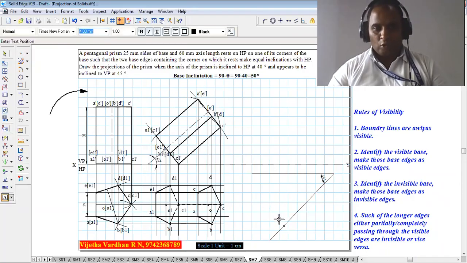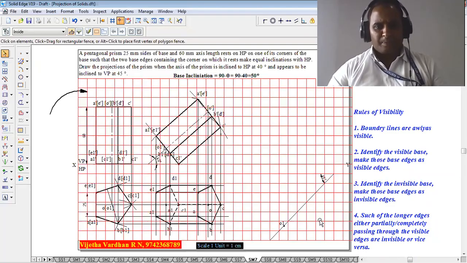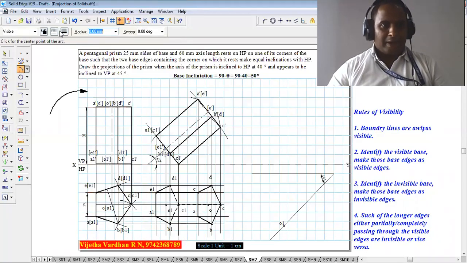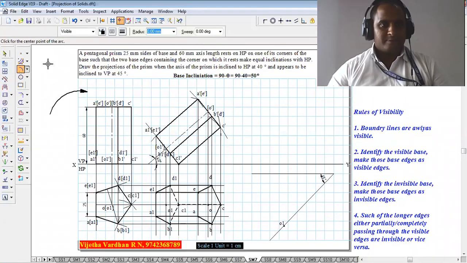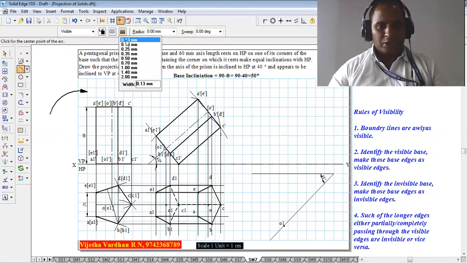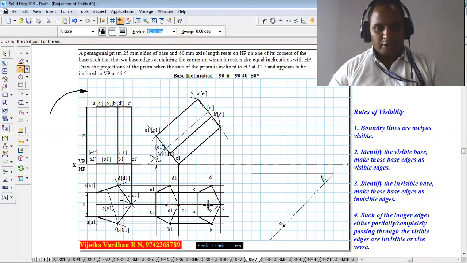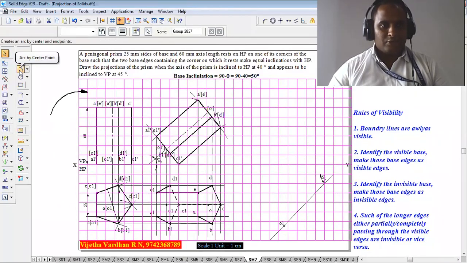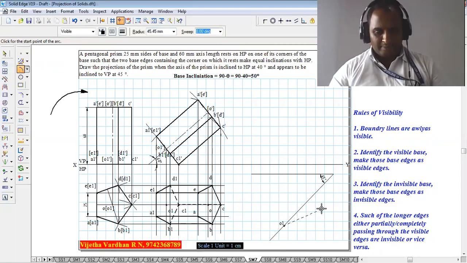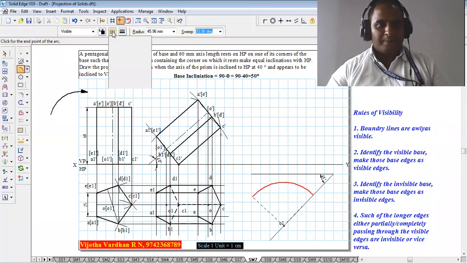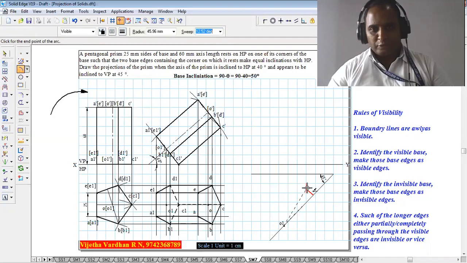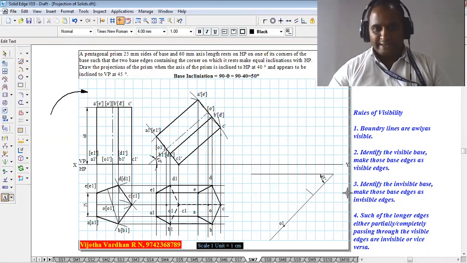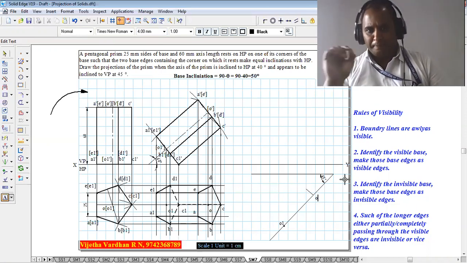After marking this point as O1, using the compass, one has to measure the distance between O1 and O. After measuring the distance, using the same compass with O1 as the center, one has to draw an arc over here, so that by drawing this arc, one can get the position of O. That is, on the beta line, O and O1 have been marked.